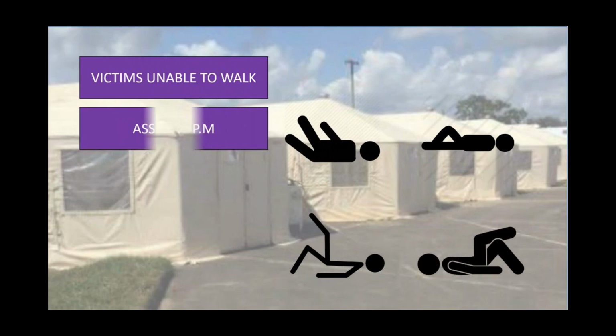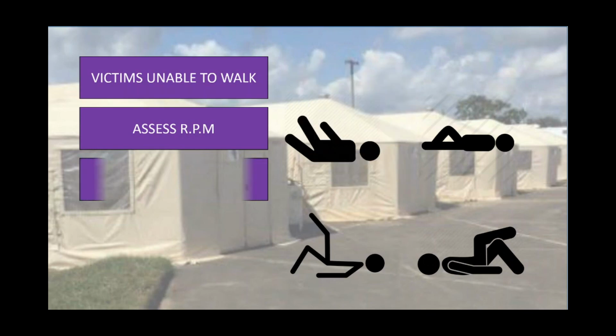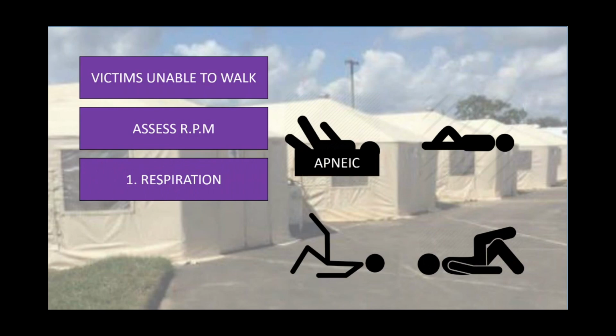What we need to do next is to assess RPM, respiration, perfusion, and mental status. We always have to follow the order: number 1, respiration, number 2, perfusion, and lastly, mental status.